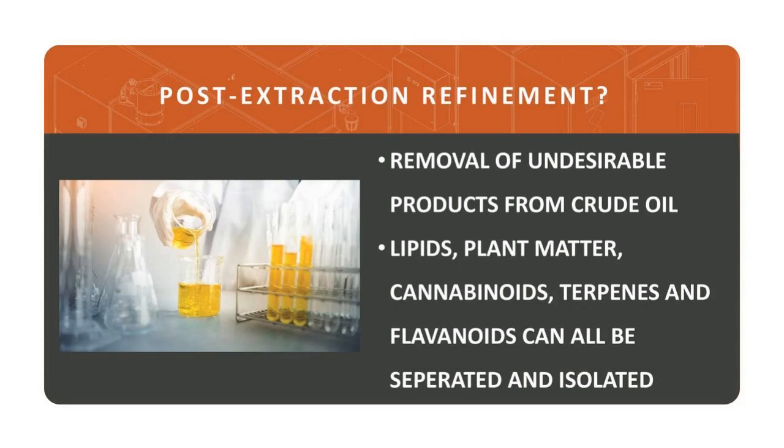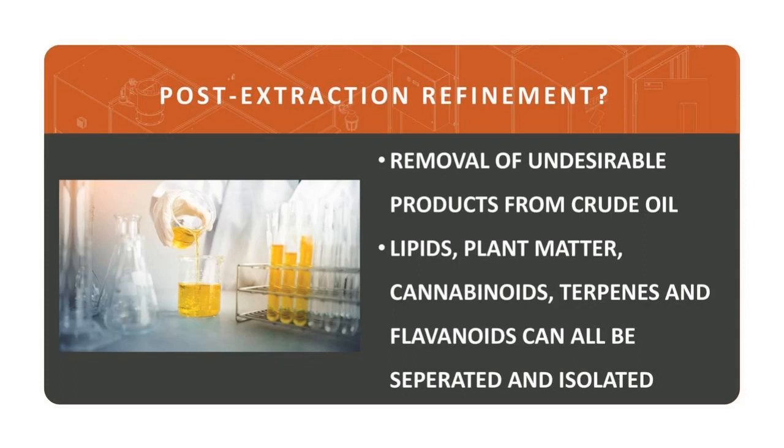I do want to say that the extraction process you use is going to affect the amount of lipids and undesirables that you get in your initial crude oil. So cold ethanol washes, for example, typically will lock out the most lipids from your final crude oil, so those will stay in the plant matter.